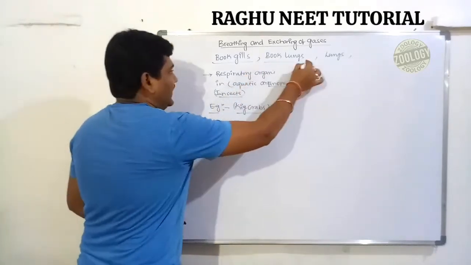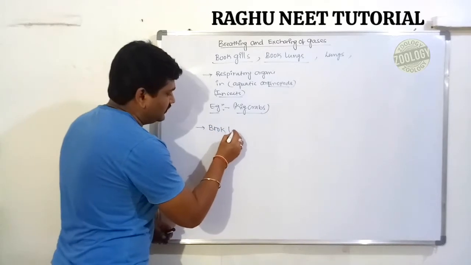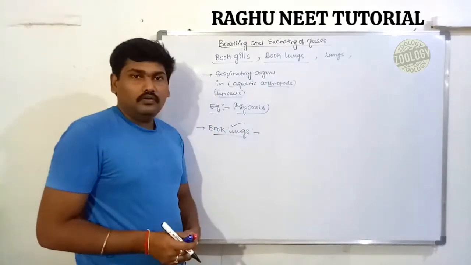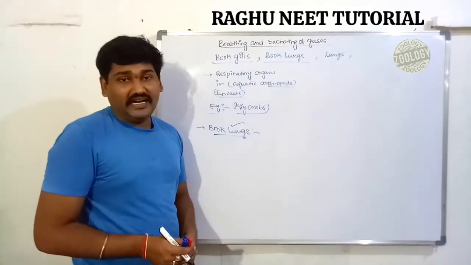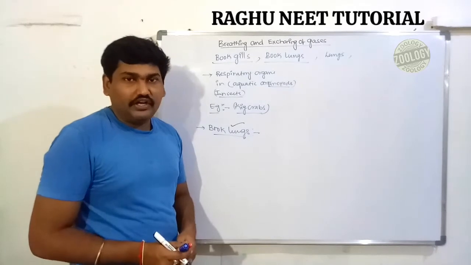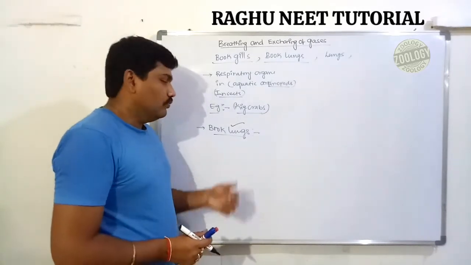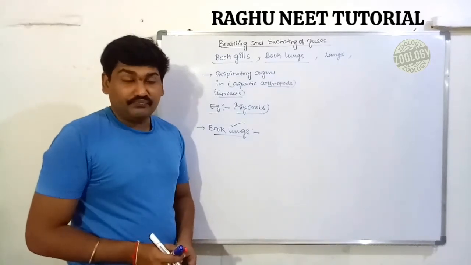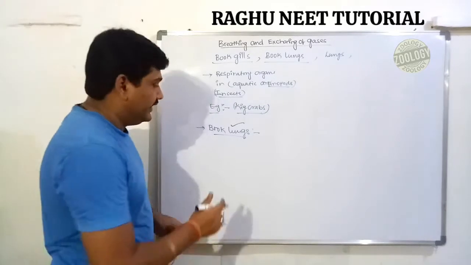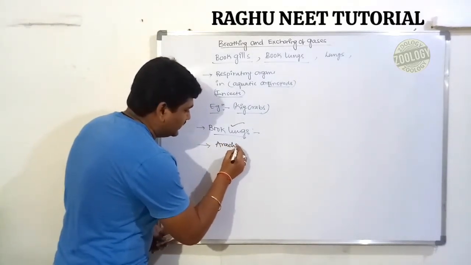Next one, book lungs. What are book lungs? These book lungs are majorly present in terrestrial animals. Most examples of book lung respiration are found in arachnids.